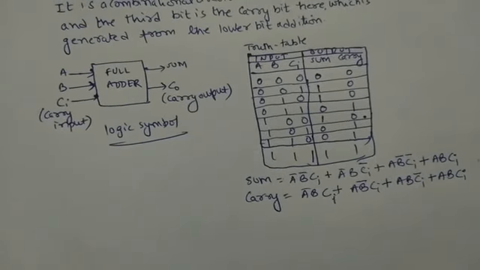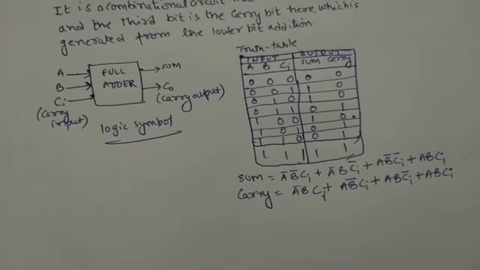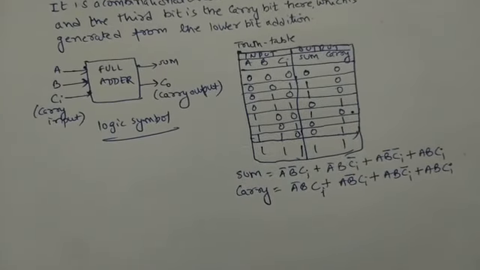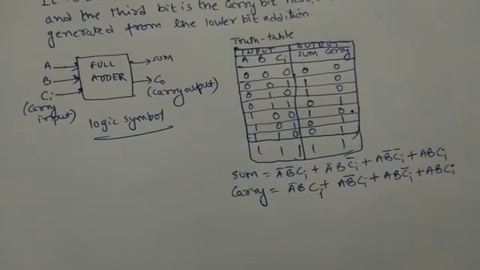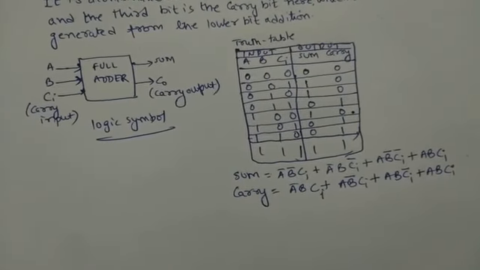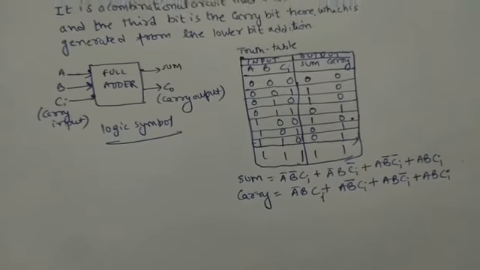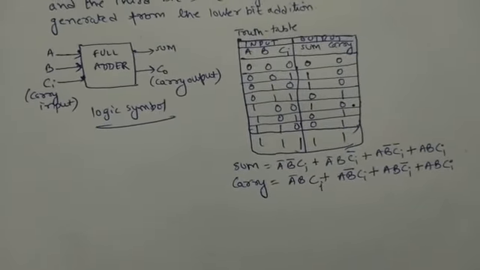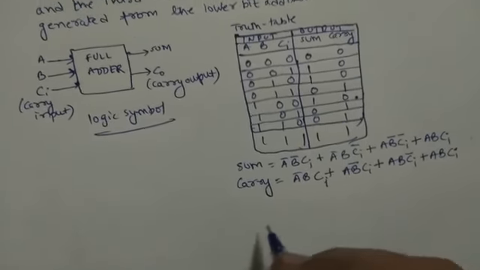And this we are going to perform. Why? Because mainly we have to draw the circuit diagram, and if we get the simplified equation for any of these two, that will help us in drawing our circuit diagram more easily. So let us simplify the carry equation by using the Karnaugh mapping.